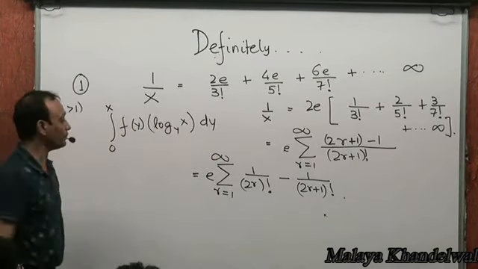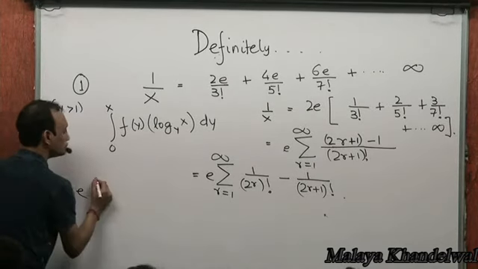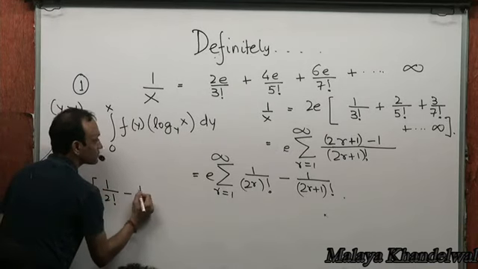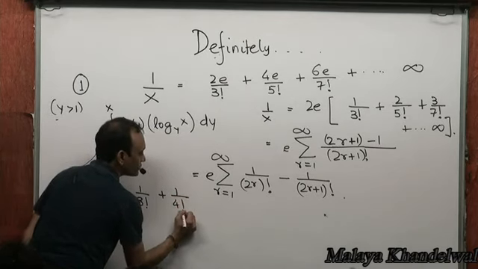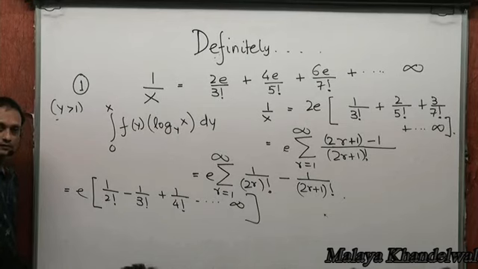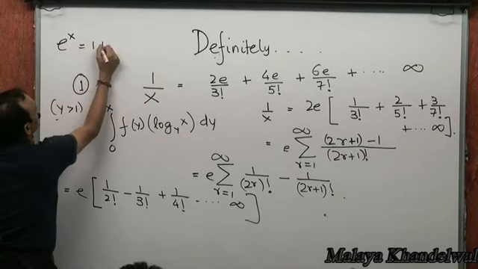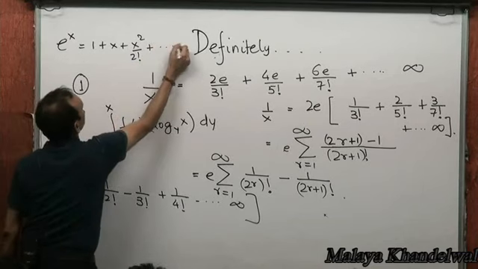Yes or no? Which is e into 1 by 2 factorial minus 1 by 3 factorial plus 1 by 4 factorial, and so on and so forth. This is what happens, right? Do you realize e power x is 1 plus x plus x square by 2 factorial plus up to infinity?